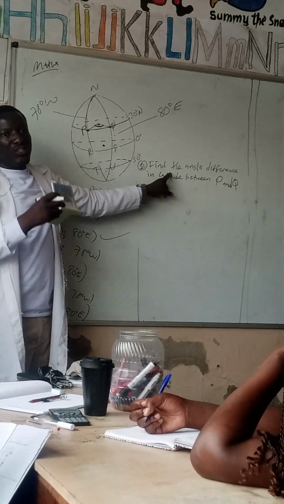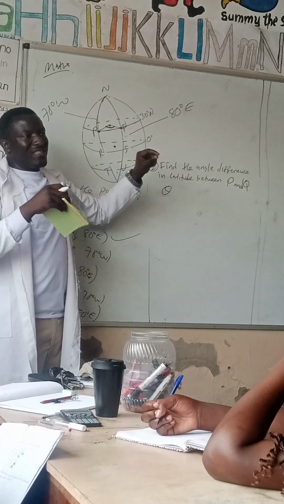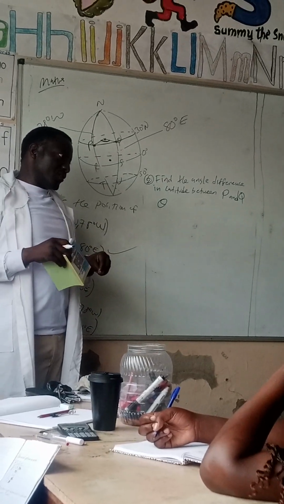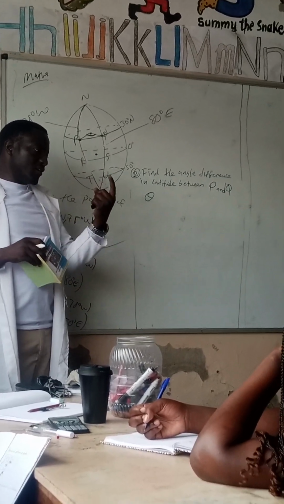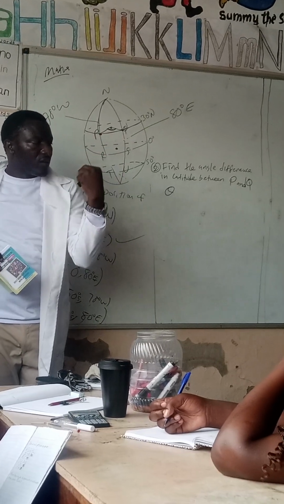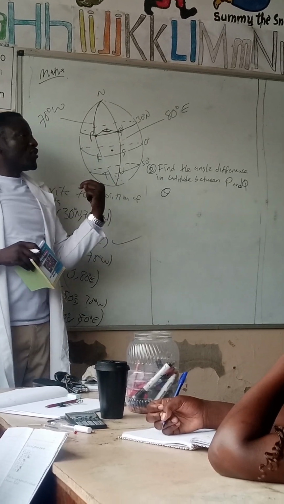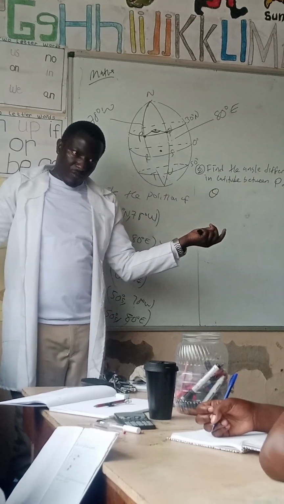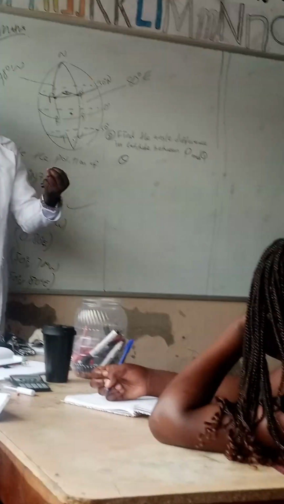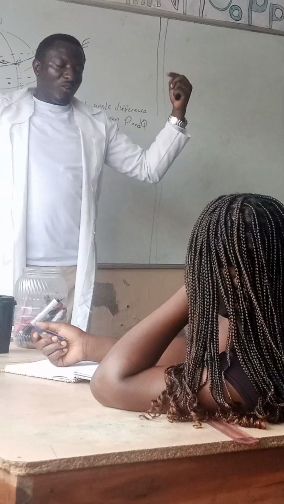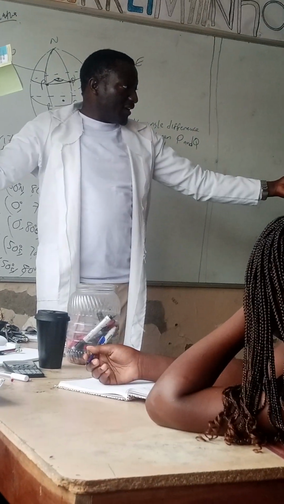When you are in latitude, we don't get the latitude angles because you only have one. When you are finding an angle, you need how many angles? So when you are in latitude, you get the longitudes.